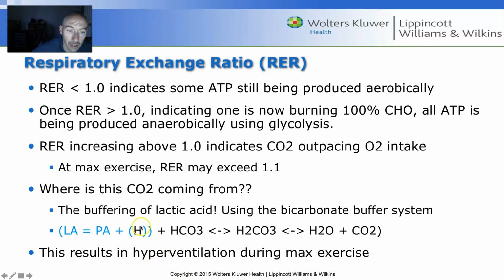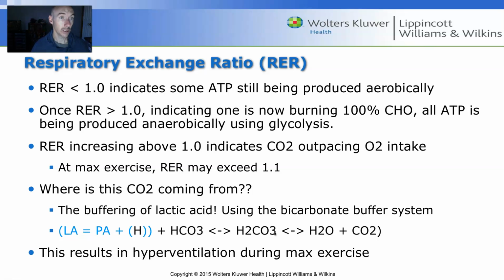So the hydrogen that partially composes lactic acid can be broken down and combined with bicarbonate. So we would strip the hydrogen off the lactic acid. The hydrogen would combine with bicarbonate to form another acid, which is carbonic acid, H2CO3, that's carbonic acid.